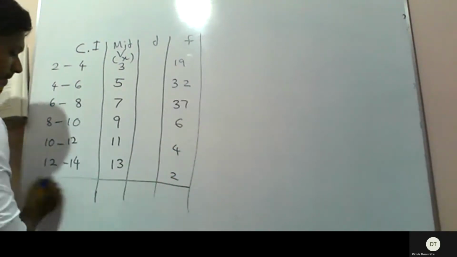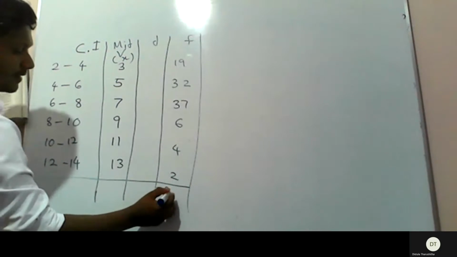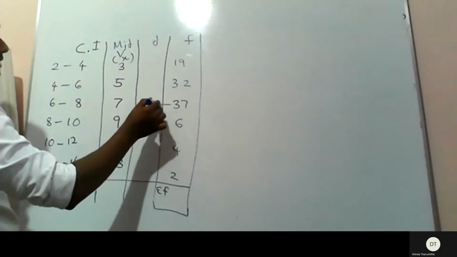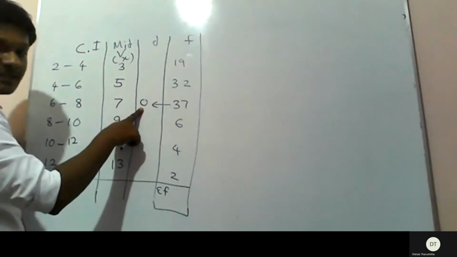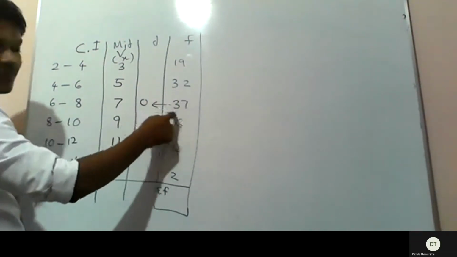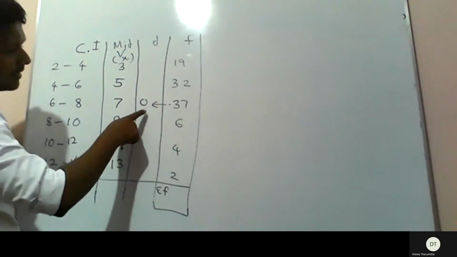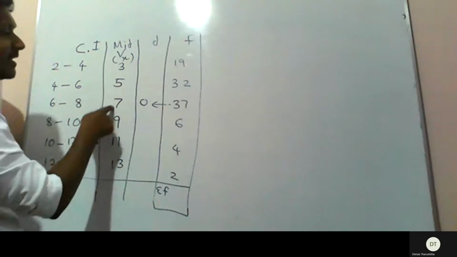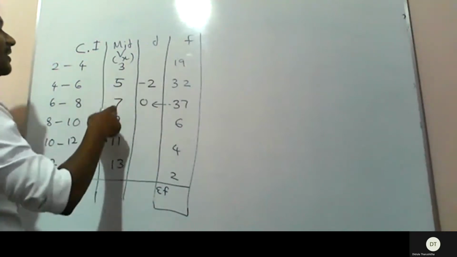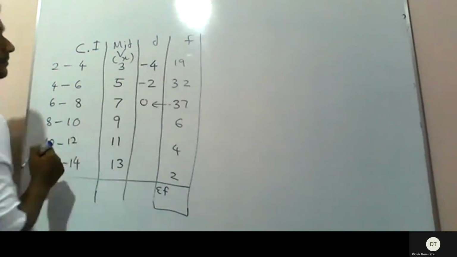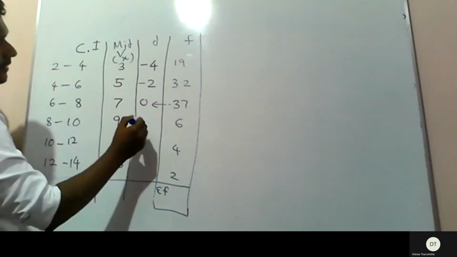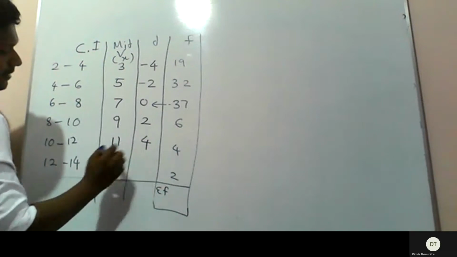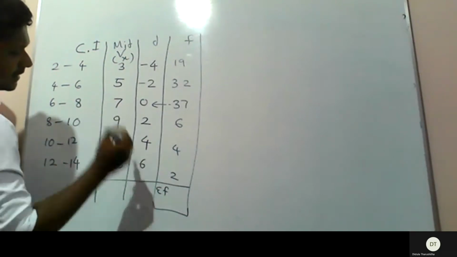And we take sigma f. Deviation we select for the maximum frequency as 0, because the maximum frequency is this one, the corresponding deviation is 0. That is the method. Next, 5 minus 7 is minus 2, 3 minus 7 is minus 4, 9 minus 7 is plus 2, 11 minus 7 is plus 4, 13 minus 7 is plus 6.